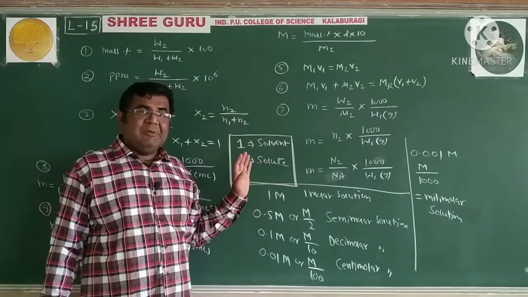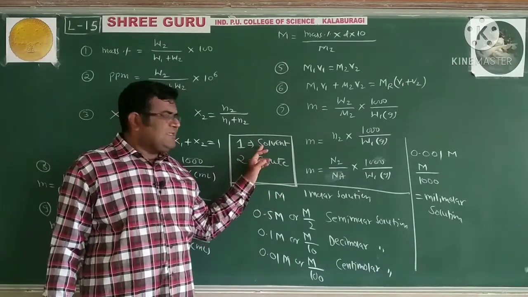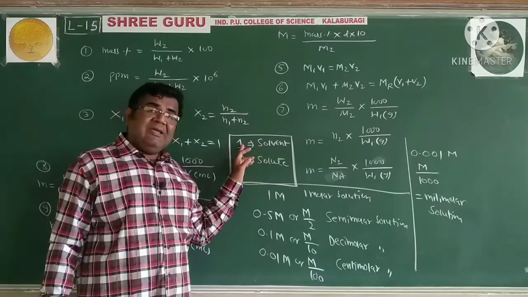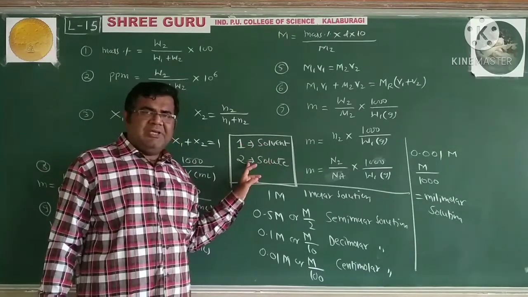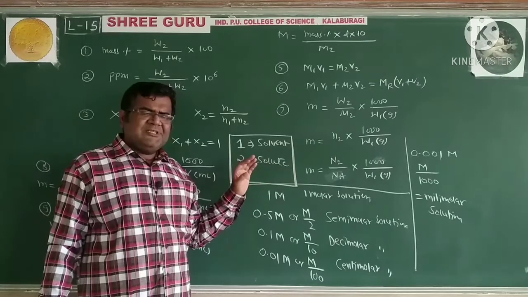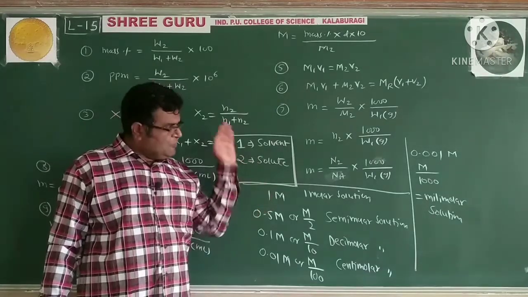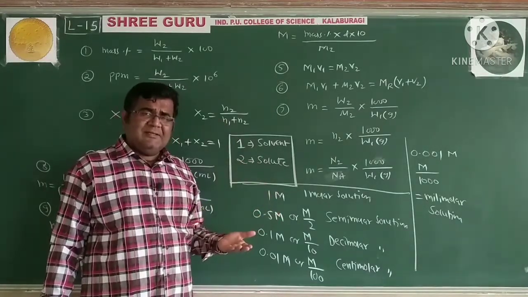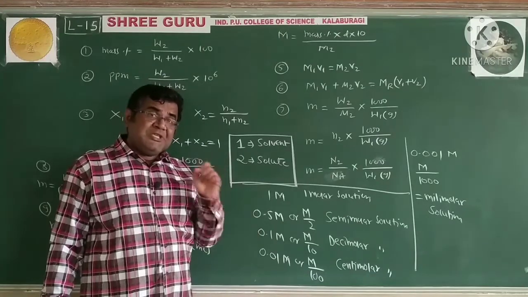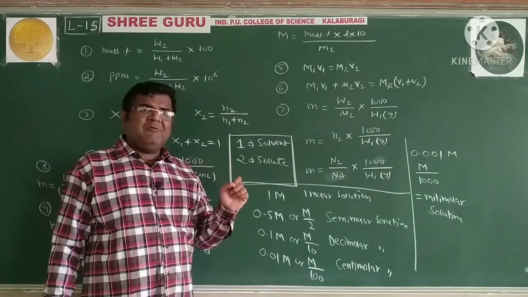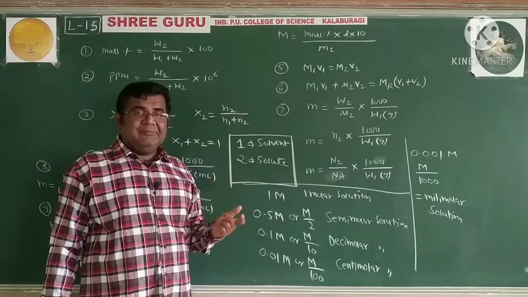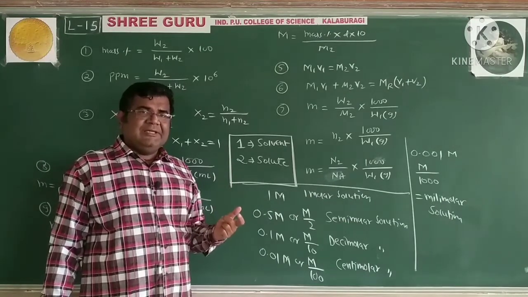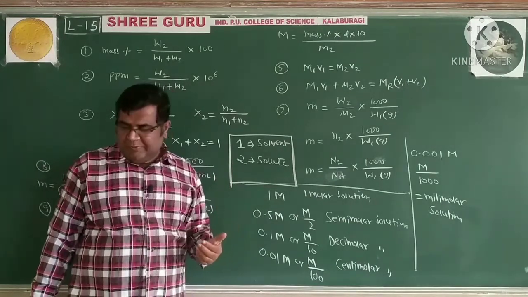In that way you can remember. In some cases solvent is written as A and solute as B. They will mention that, so there is no need to confuse it. When we solve a question, it is up to us how we use it, but we should mention what we mean by 1 and 2 every time. Then only there is clarity in our solution.